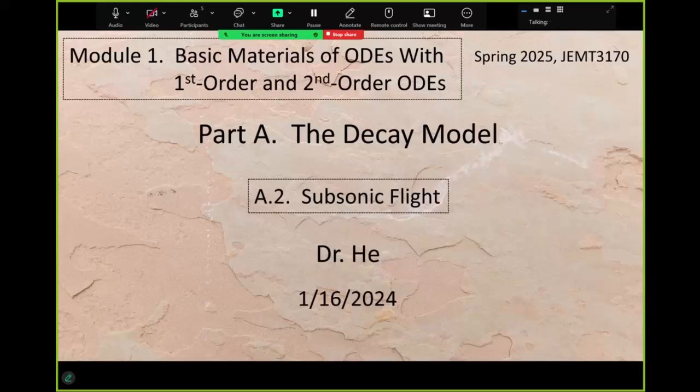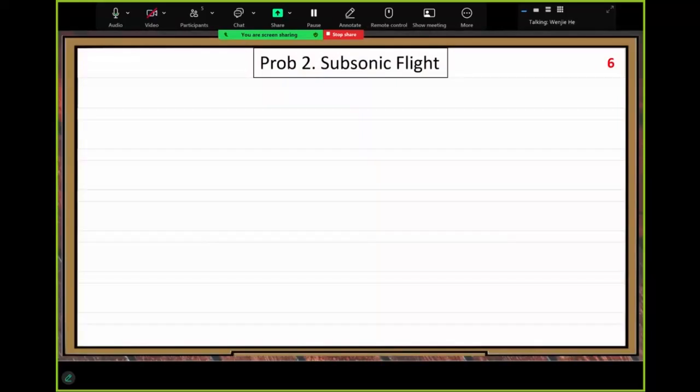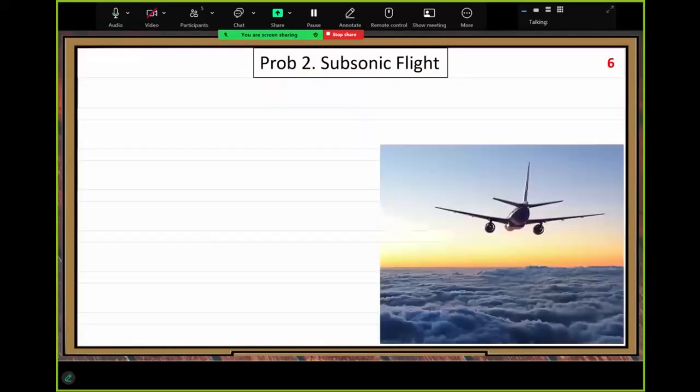All right, so for the second example, 8.2, the title, Subsonic Flight. Let's look at question number 2 first, about the flight like that.